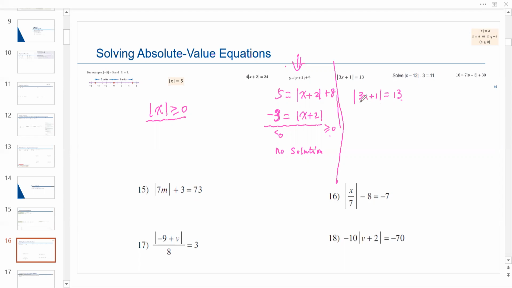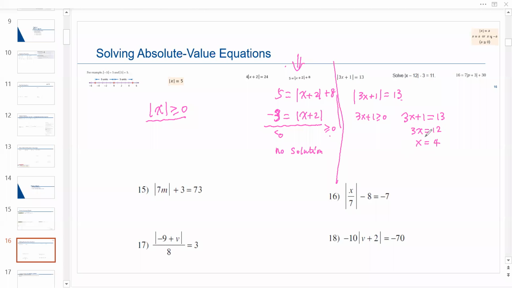If the inside part is greater than 0, we can get rid of the absolute value right away, so it equals 13. We can just solve like what we learned in week 2. Both sides minus 1, so 3x equals 12. Both sides divide by 3, so x equals 4.